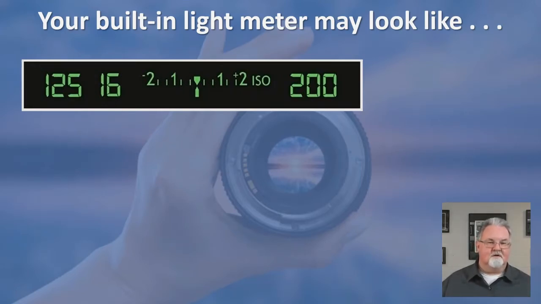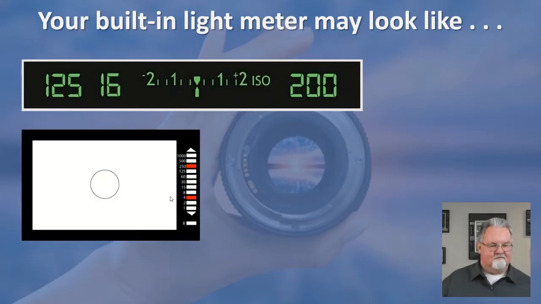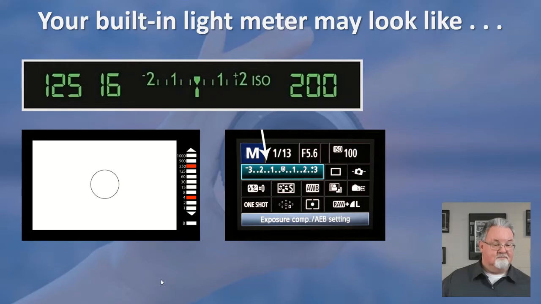This first one, you might see across the bottom of your viewfinder, and you might also see, if you have an older camera or a different model camera, or maybe not such a common model, your light meter over here on the right hand side of your viewfinder as you're looking through the camera, or you can see your light meter right here on the back screen of your camera.